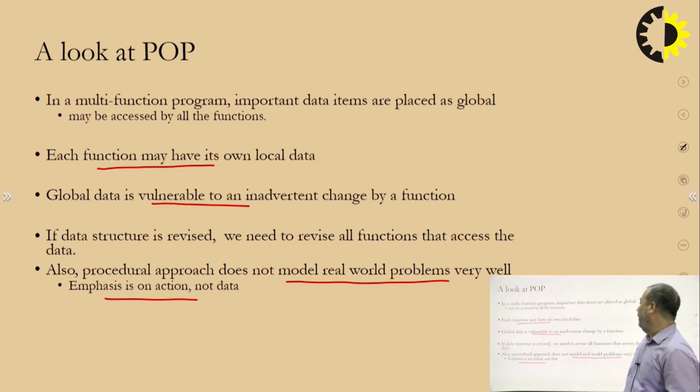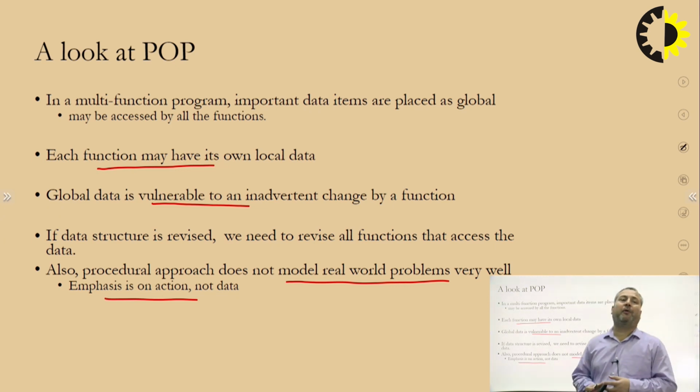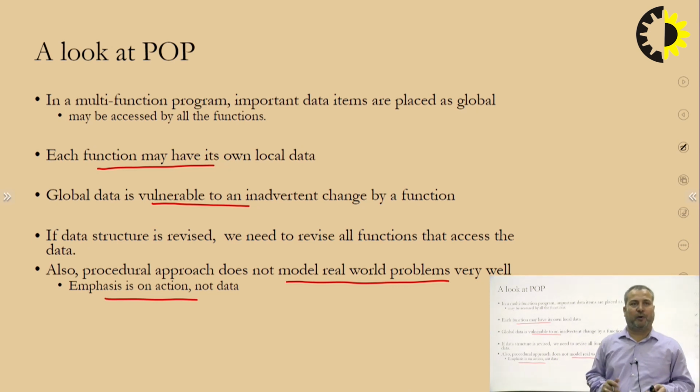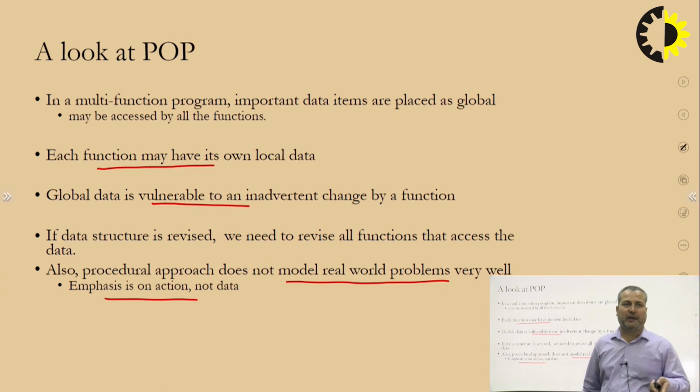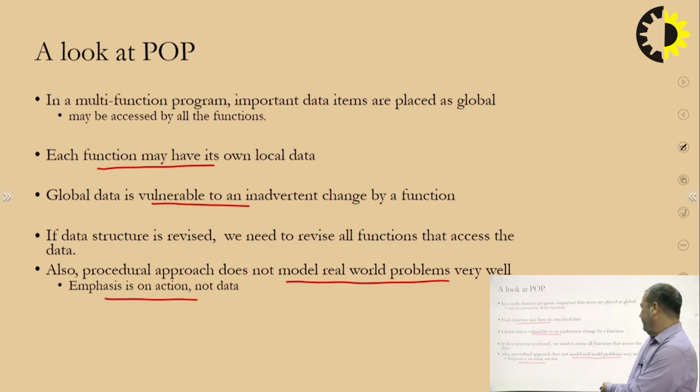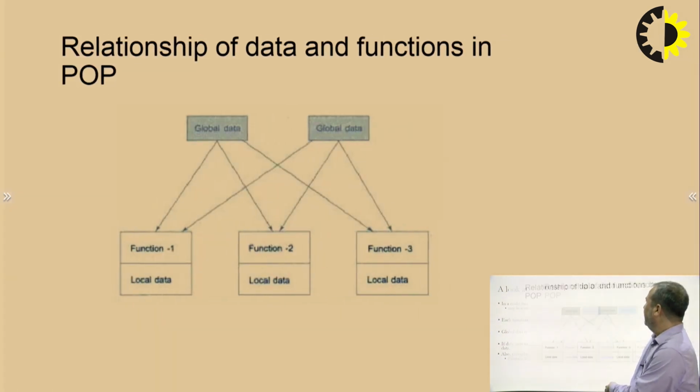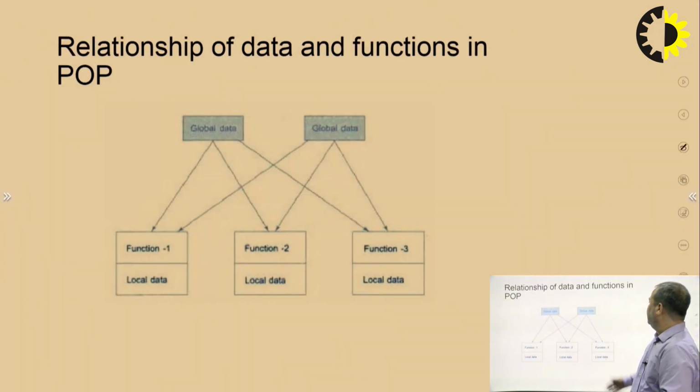Also, the procedural approach does not model real world problems. A real world problem cannot be modeled by procedure oriented programming. It could be better modeled by object oriented programming. So the emphasis is on action, not on the data. Okay. So you can see by this diagram the relationship of data and function.